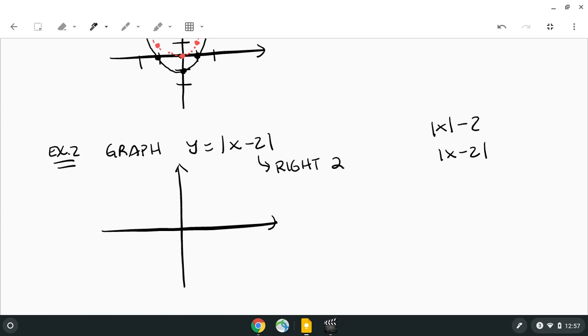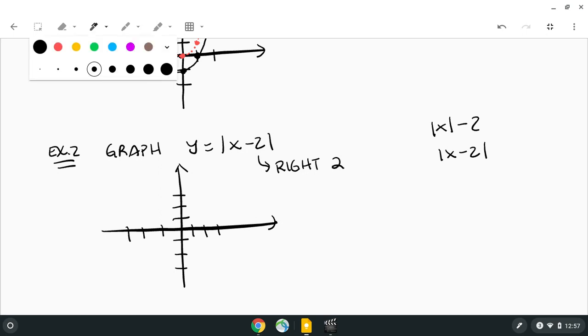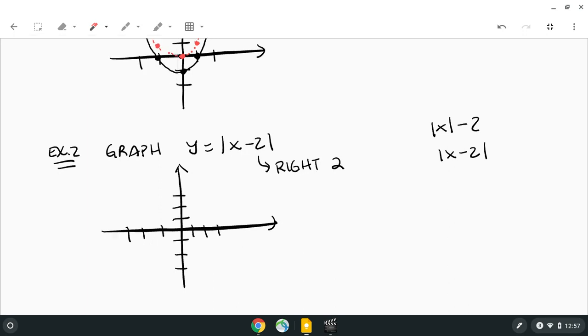Okay, so again, I'm going to plot the parent function, the V. The original parent function, I'll use red. The original parent function has points at 0, 0, 1, 1, and negative 1, 1, and it's V-shaped.